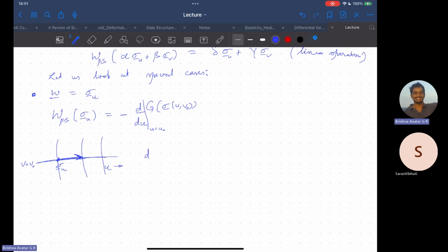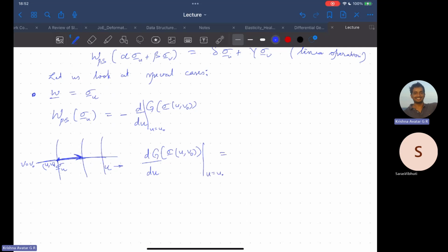I can see that it's equal to dG by du at sigma vector of the point (u, v_0), where u is varying and v_0 is a constant, at u equal to u_0.